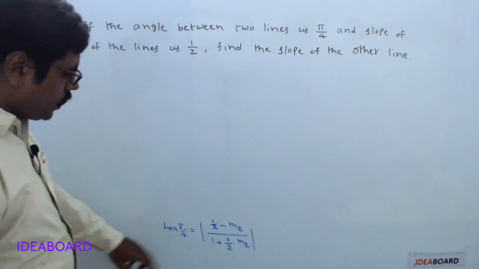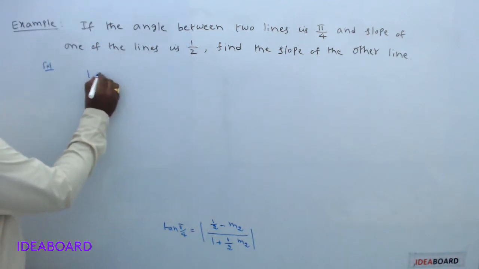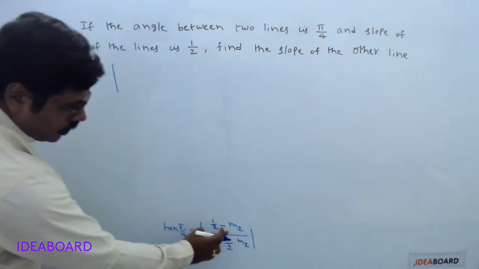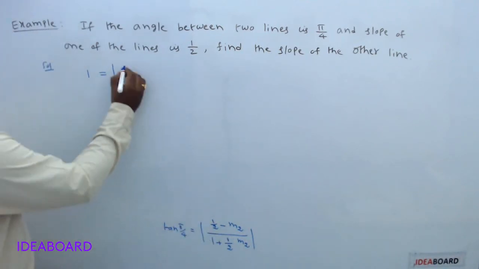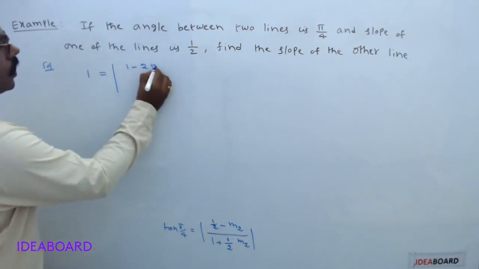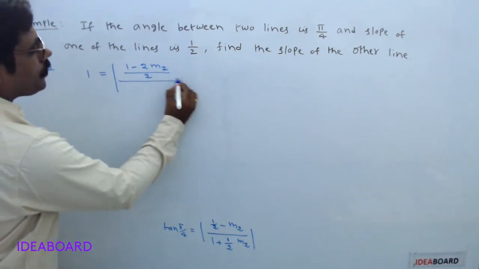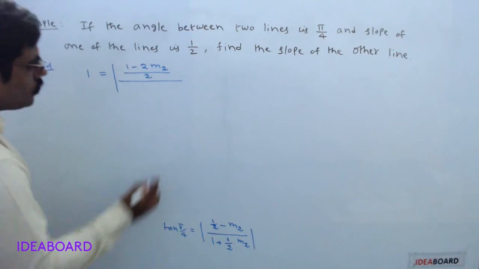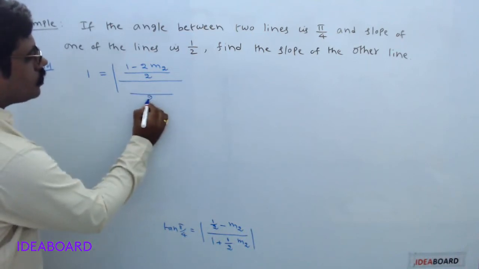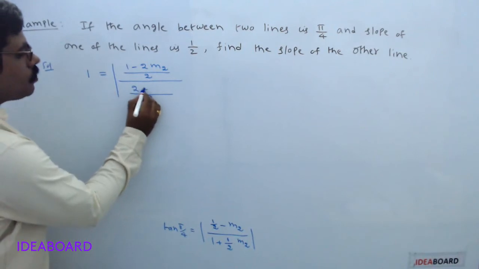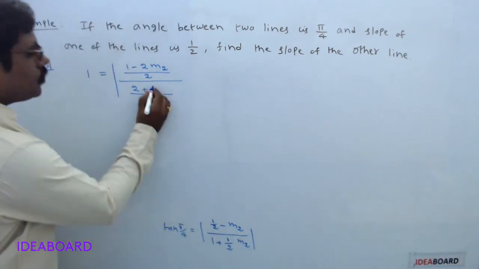Now what is the tan pi by 4 value? Tan pi by 4 is 1, equals modulus of LCM in the numerator 2. So it is 1 minus 2m2 divided by 2, divided by the LCM for the denominator, which is also 2. So 1 into 2, 2, plus 1 into m2, m2.